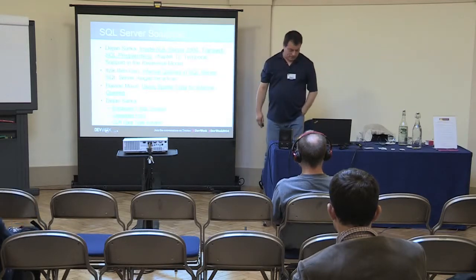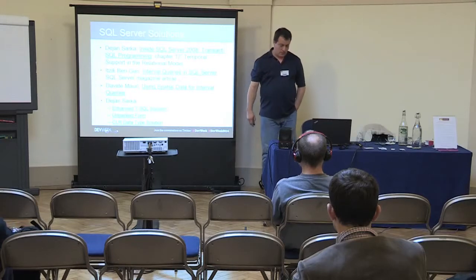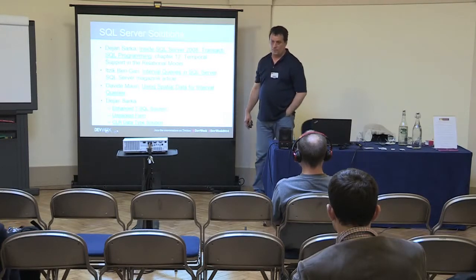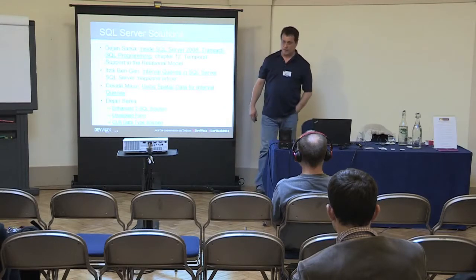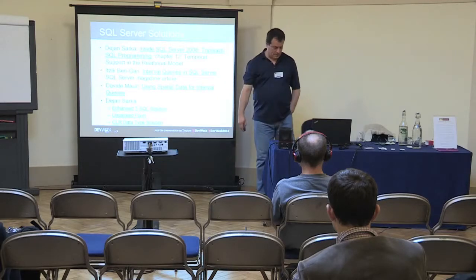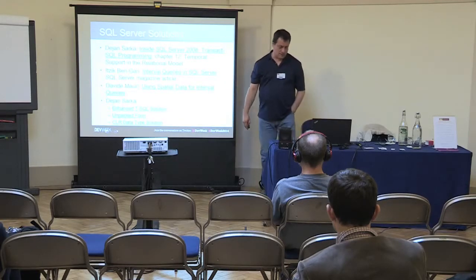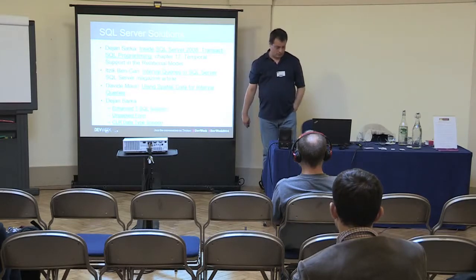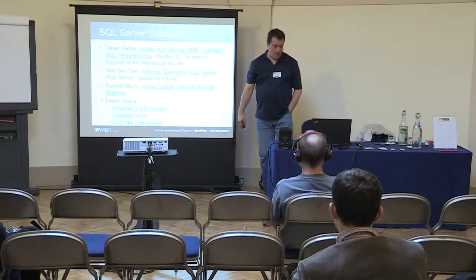Now let's go to practical solutions. So I first implemented a full solution for temporal problems, including constraints, the part that this talk is based on, in this book, Inside SQL Server 2008: T-SQL Programming. And I'm co-author, my co-author is Itzik Ben-Gan.